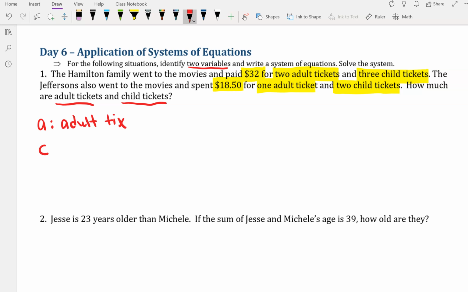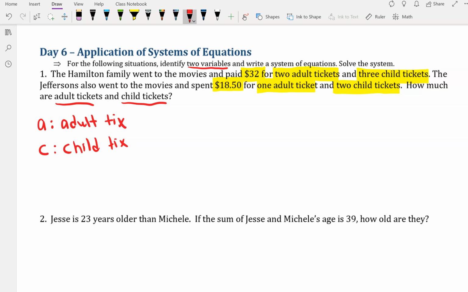And then I'm going to call child tickets C. So that was me identifying the 2 variables. You are going to be required to do that on each problem, so you need to tell me what the variables are.